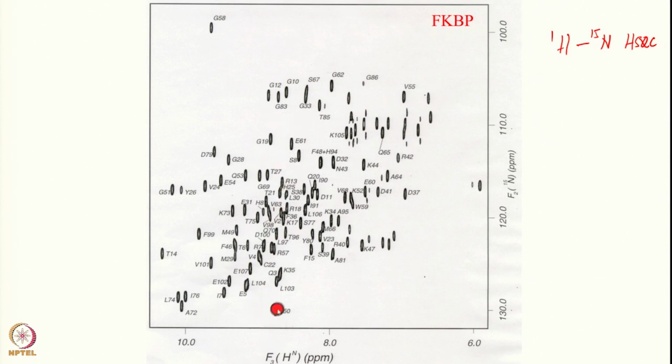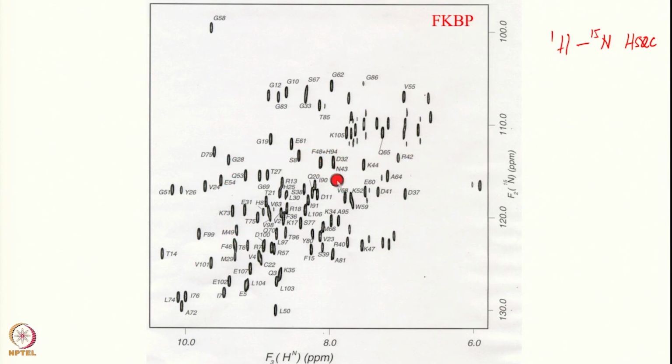But now you see all of these amino acids have different N15 chemical shifts, and therefore they get separated here on this particular N15 axis. Similarly, there are so many amide protons at the same NH chemical shift, and fortunately they have different N15 chemical shifts.